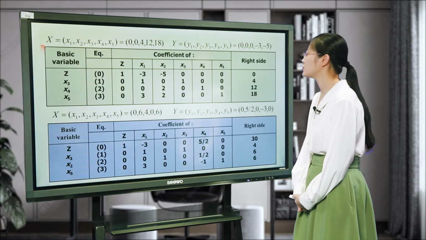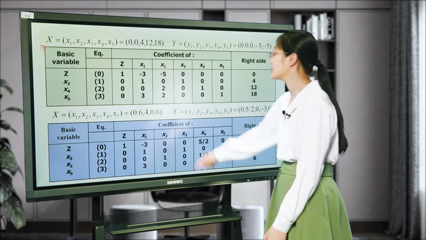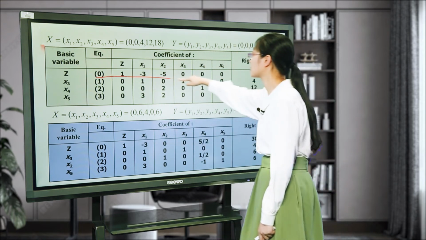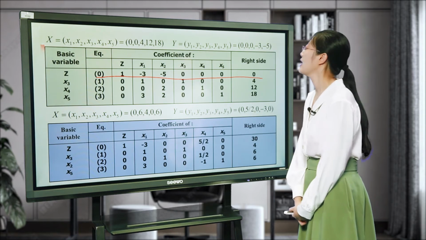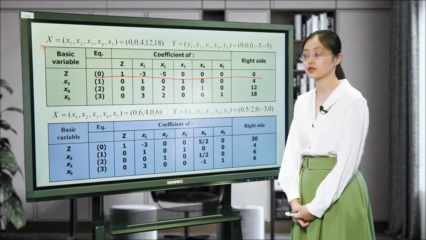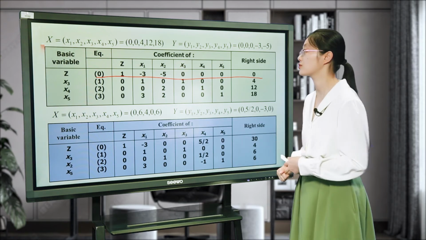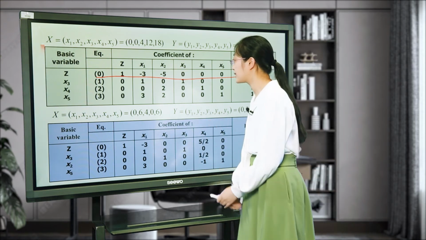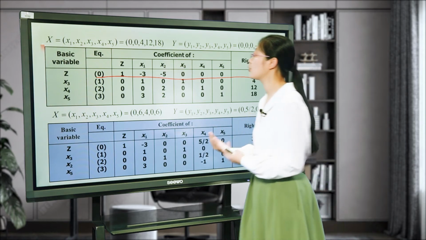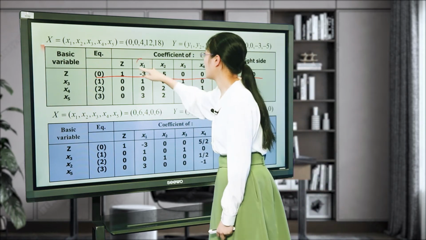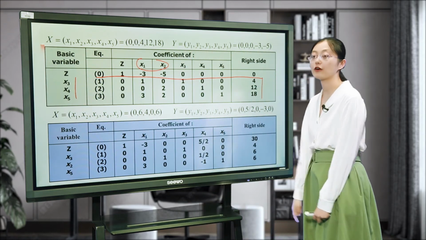At each iteration of the simplex method, reading from equation 0, we can find the BF solution for the primal problem and the corresponding complementary dual solution to our dual problem. For example, at the beginning, our initial BF solution is x1, x2 equals 0, and then x3, x4, x5 equal 4, 12, 18.